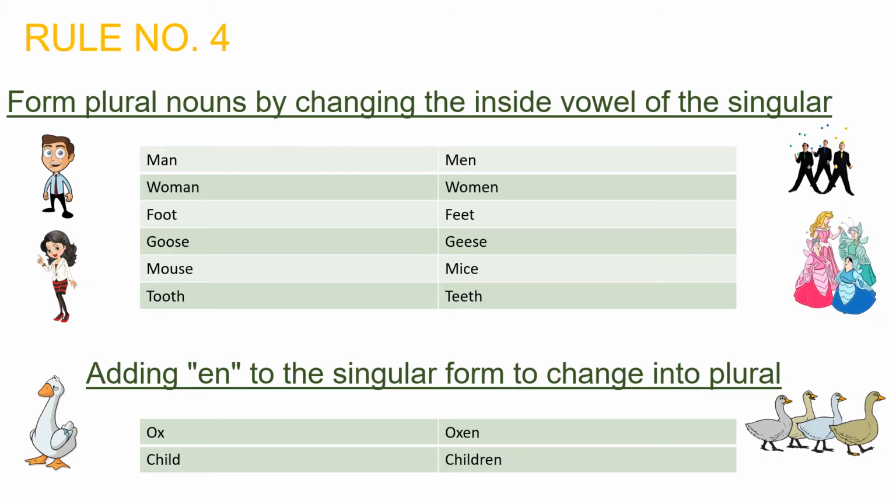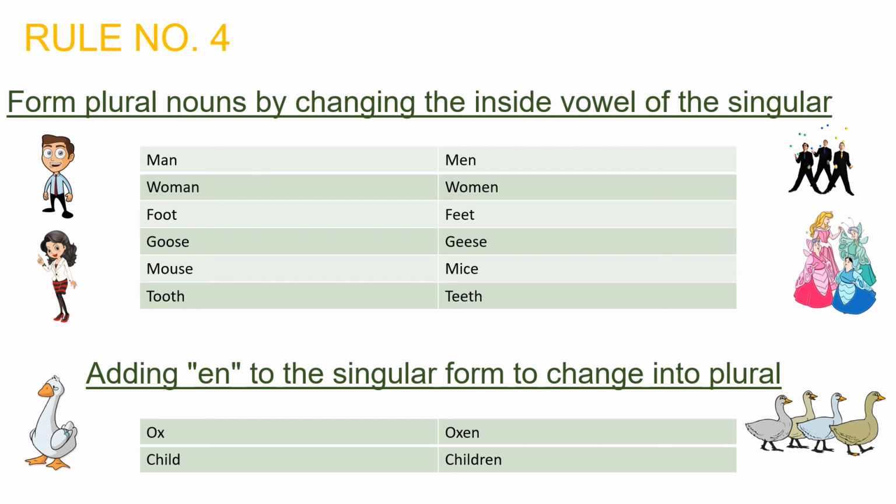We can form plural nouns by changing the inside vowel of the singular. Man, men. For man, remove a and add e in between. For woman, remove a and add e. Woman and women.